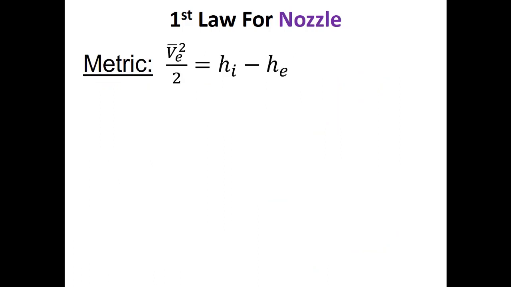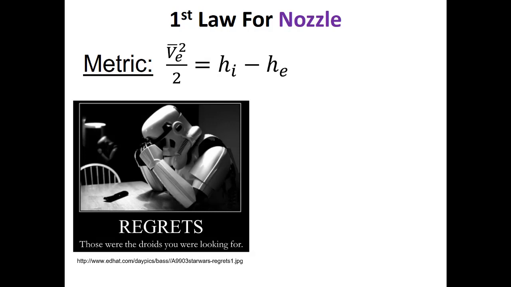In this case, now I'll get that the velocity at the exit squared, which is often what I'm trying to solve for, divided by 2, is equal to the h at the inlet of my nozzle minus h at the exit of my nozzle. At least that's what I do if it's a metric problem.